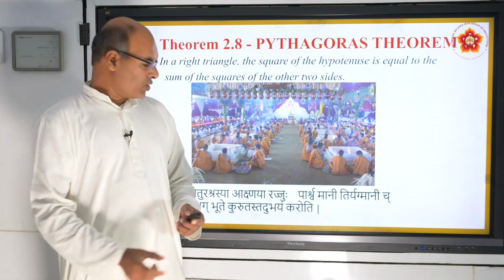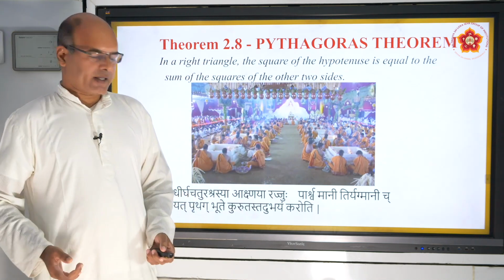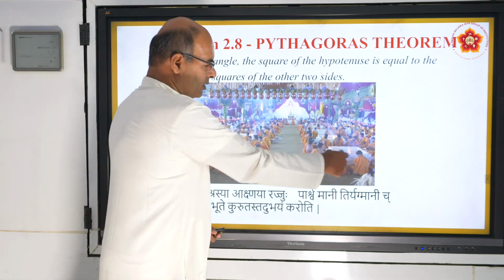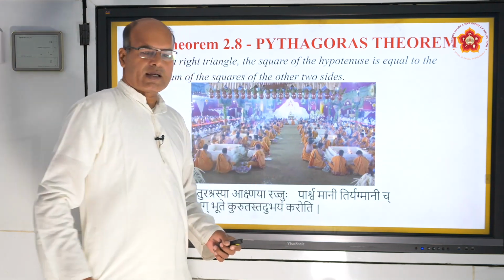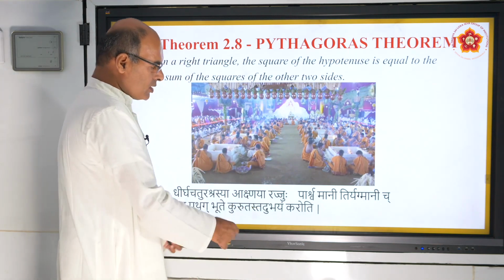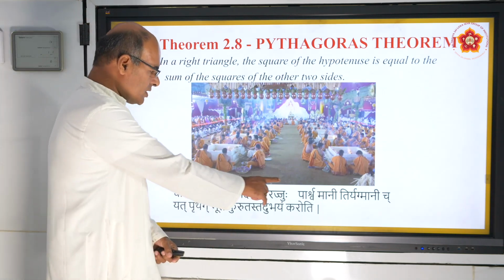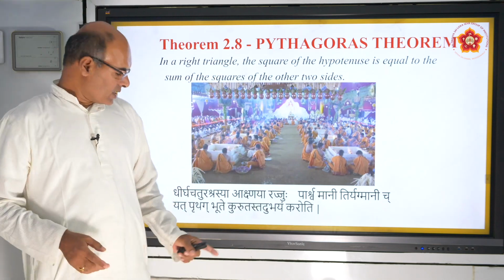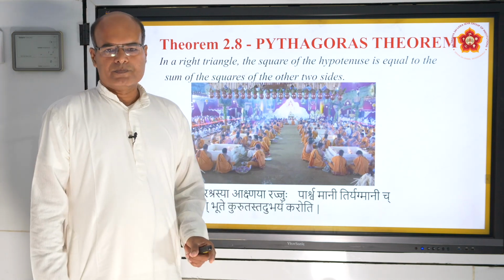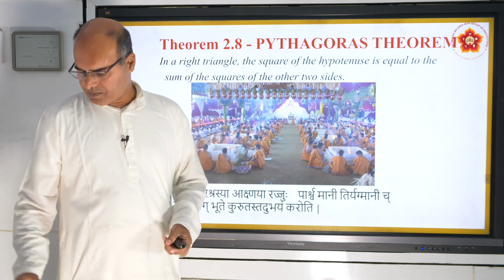Rajju means rope, the stretched rope along the diagonal of a rectangle. Parshvamani Tiryagmani cha. Parshvamani means the horizontal side, Tiryag means vertical. So they produce some area. The rope stretched along the diagonal of the rectangle also produces both the areas which its horizontal and vertical sides produce separately. That is the meaning of the statement which we had used before Pythagoras.